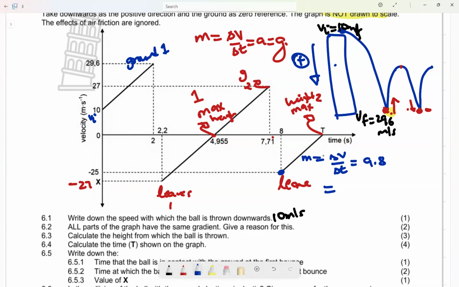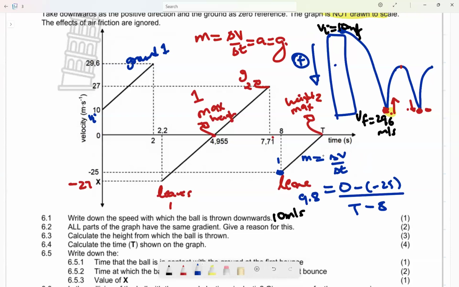minus v initial. V at t is 0, because I get it at the maximum height, minus v here, which is negative 25. So 0 minus negative 25, over t minus 8. We know that it is equal to 9.8.